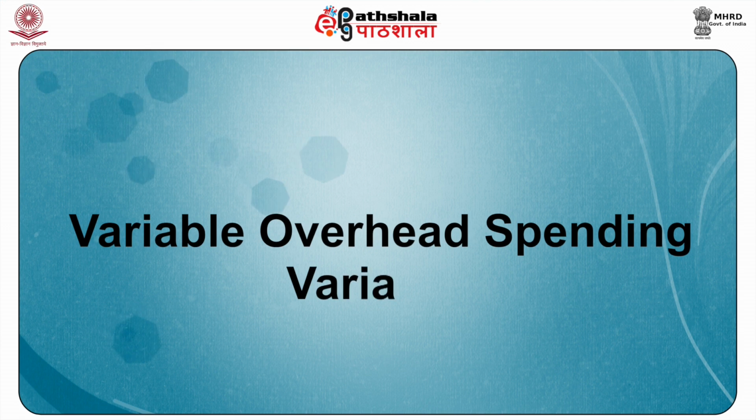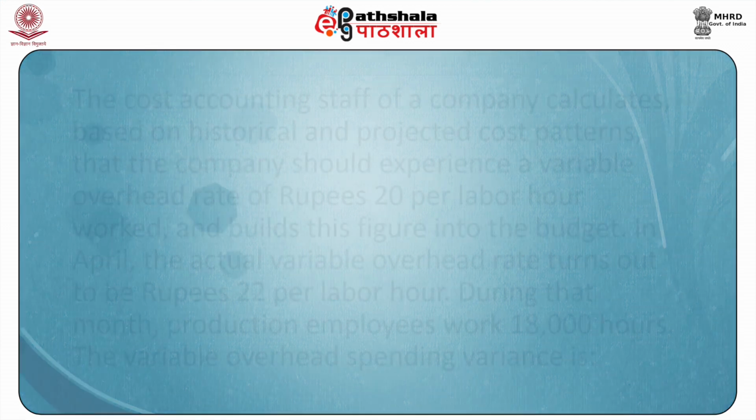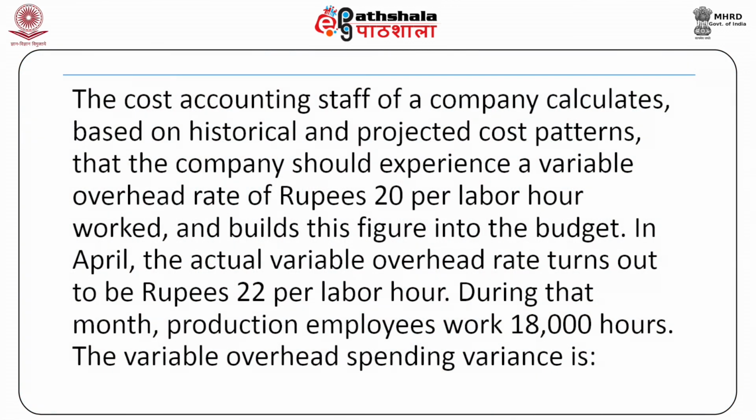Example of variable overhead spending variance. The cost accounting staff of a company calculates based on historical and projected cost patterns that the company should experience a variable overhead rate of rupees 20 per labor hour worked and builds this figure into the budget. In April, the actual variable overhead rate turns out to be rupees 22 per labor hour.